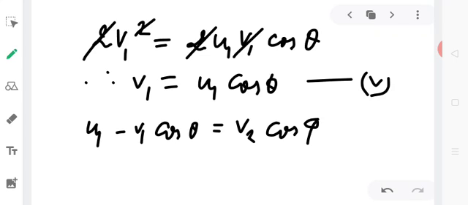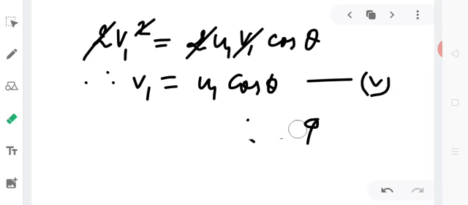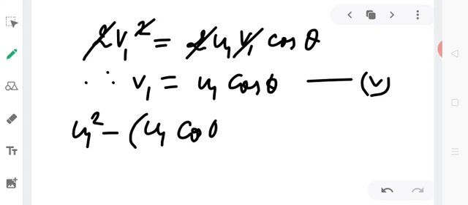So now we can write down (u1 minus u1 cos of theta) whole square equal to v2 square.